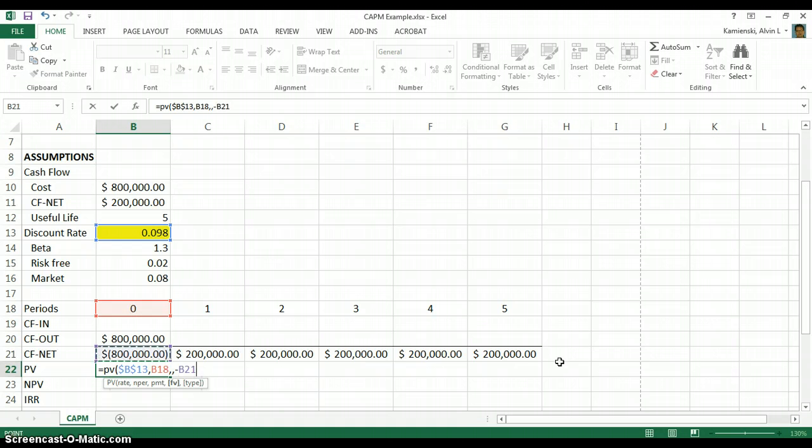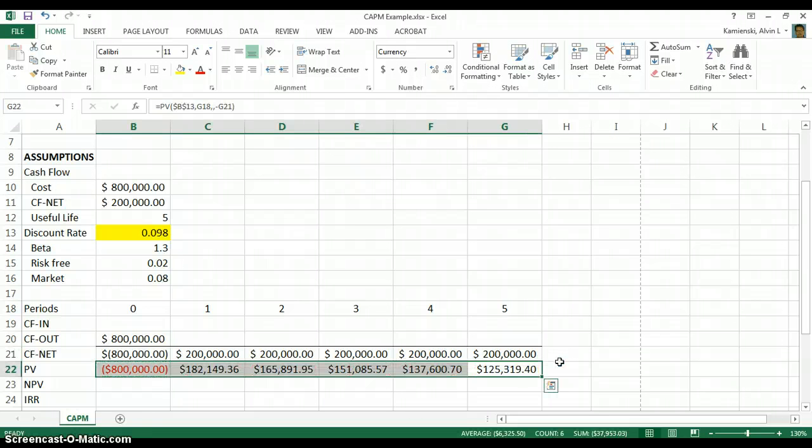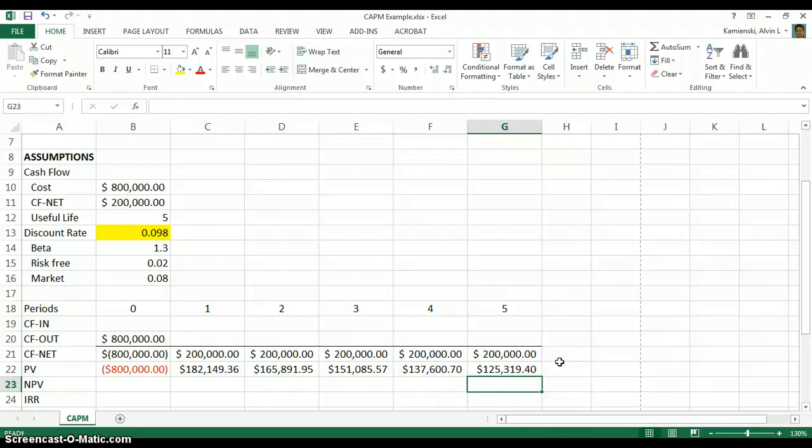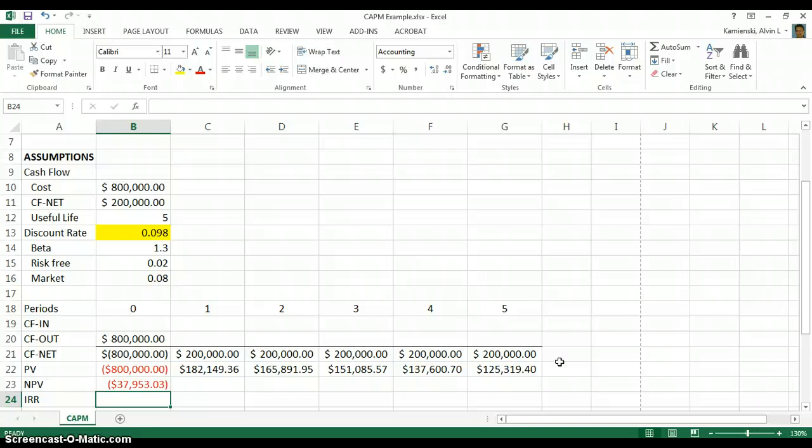Switch the sign on that cash flows net. And so we see we have an $800,000 initial investment. Go ahead and copy and paste that across. And then we recall that the NPV is the sum of all of those present values. And we end up with a net present value of negative $38,000 approximately.